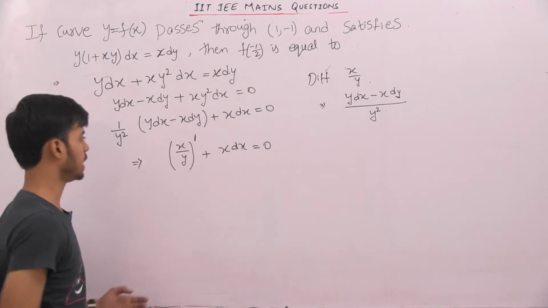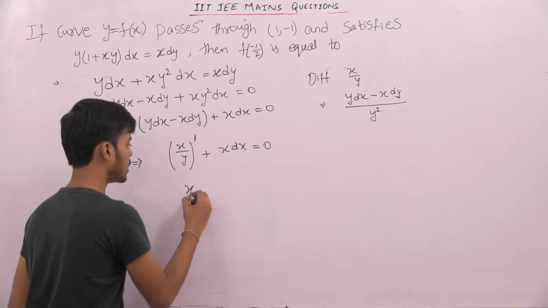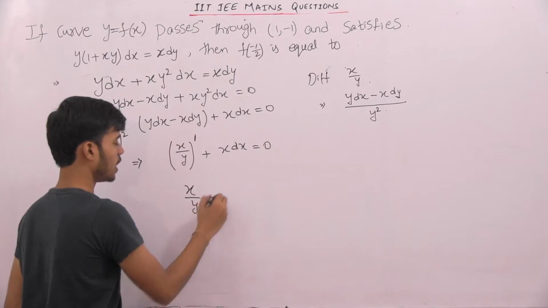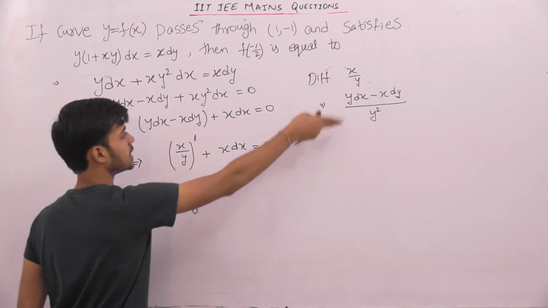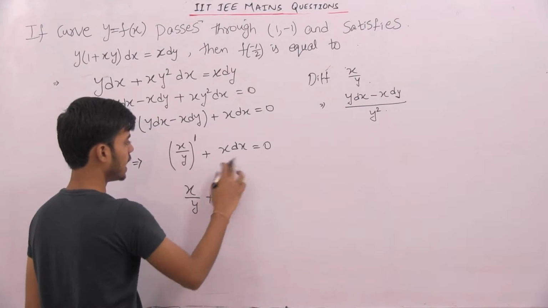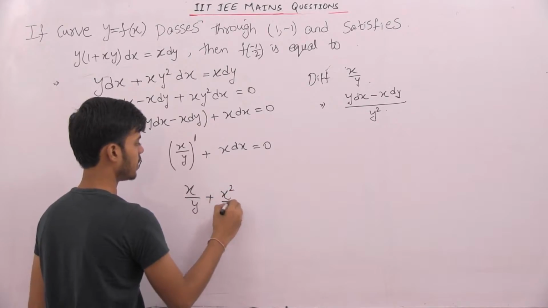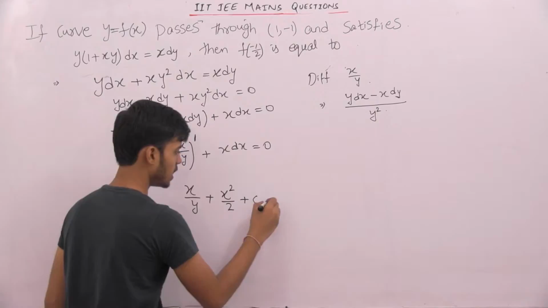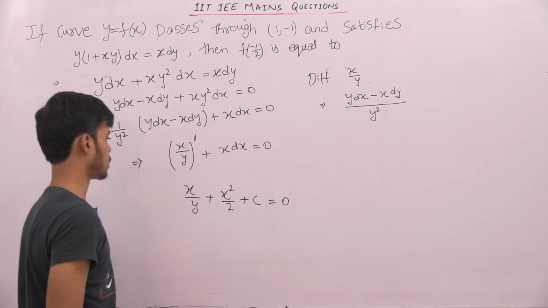Now let's integrate it. This becomes x by y, as we have already seen, since integration is the reverse of differentiation, and integrating x dx gives us x square by 2 and an integration constant c, equal to 0.